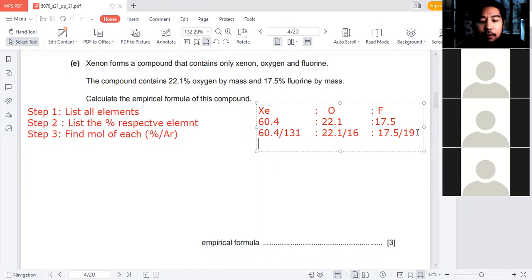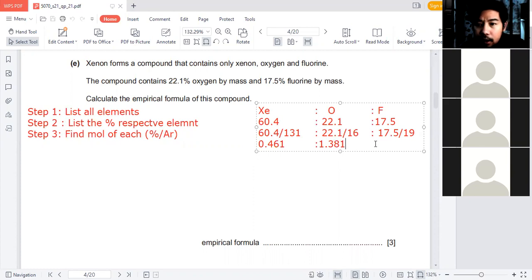60.4 divided by 131, so it's about 0.461. Then for oxygen, 22.1 divided by 16, so it's 1.381.